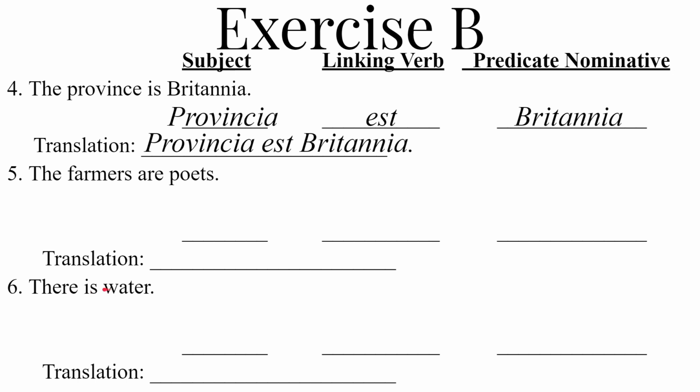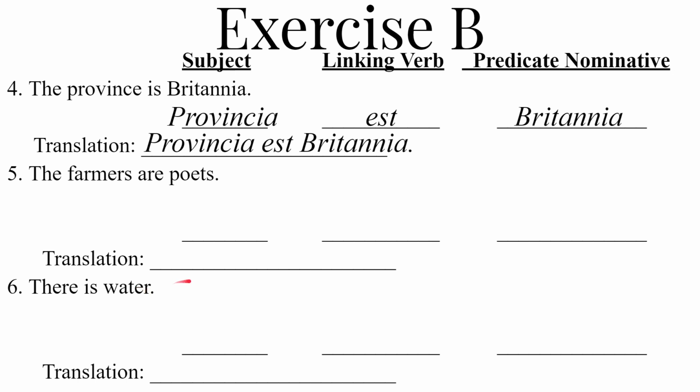What is there? That's the water. The water is there. The water is doing the action of the verb. It is there. It exists there. Water is the subject. So what is the nominative singular for water?